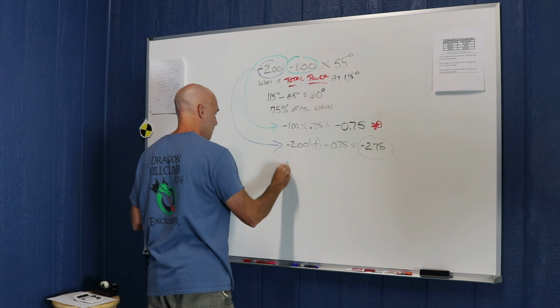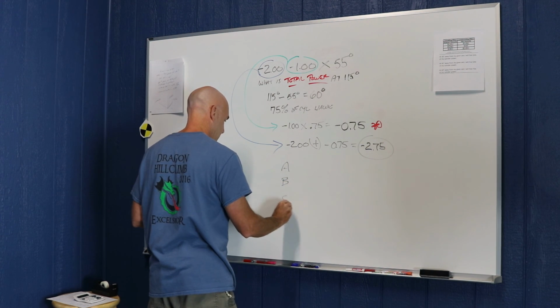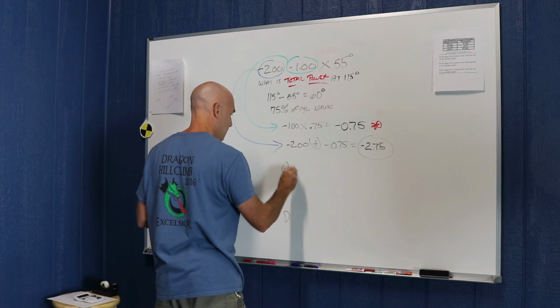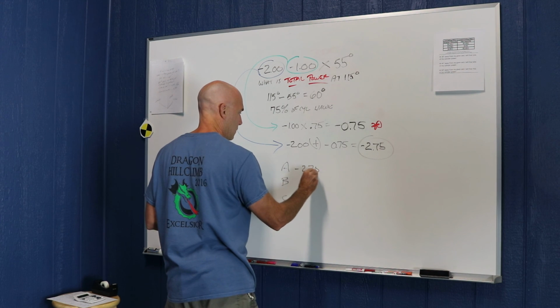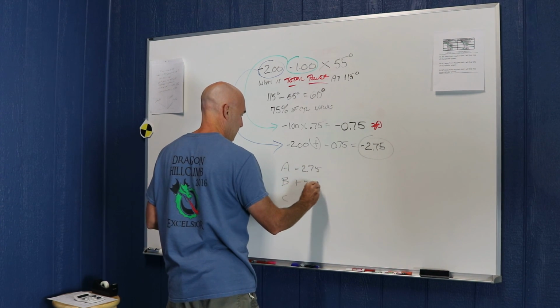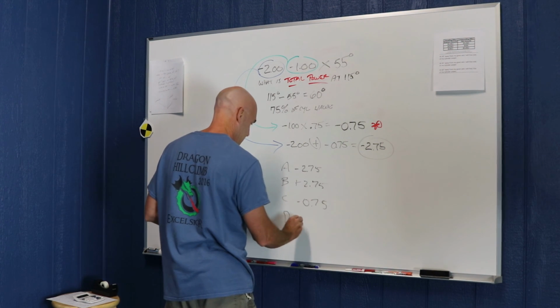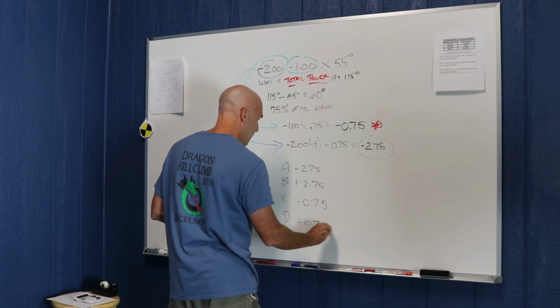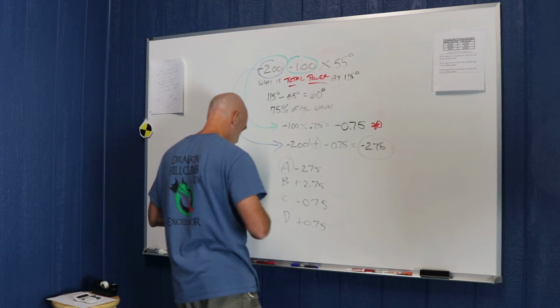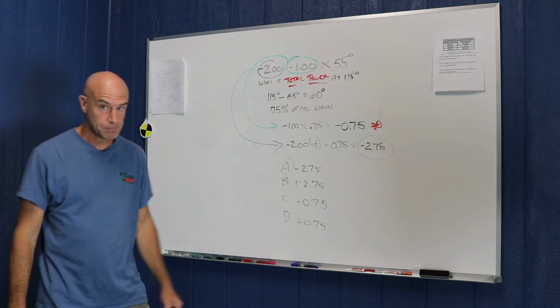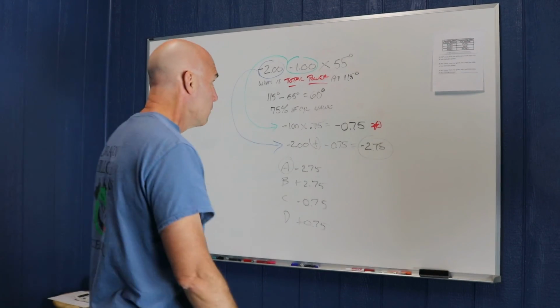There's my answer. I'll have A, B, C, D, minus 2.75. I'll give you a plus 2.75. I would sneak in a nice minus 0.75 because somebody's going to make that mistake. And you're going to circle A, and you're going to get the problem right.